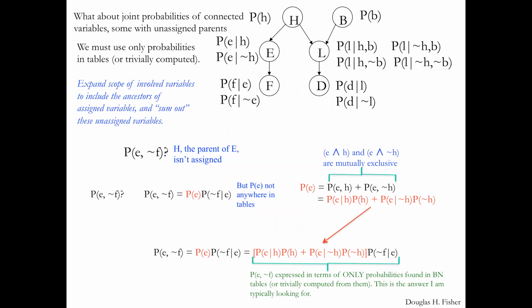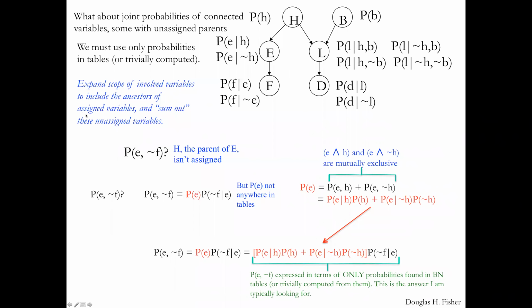We'll go back to the original network. And what about joint probabilities of connected variables with unassigned parents? So we might ask about the joint probability of E and not F, which are these two variables. But in this joint probability, H, which is a parent of E, is not present. Its value is not assigned in this joint probability.